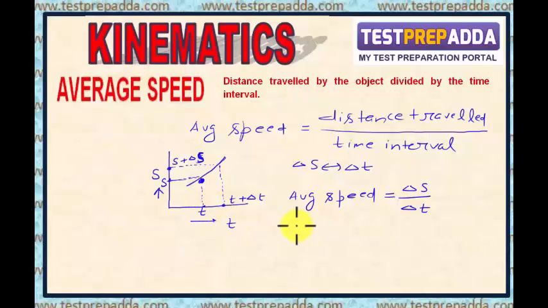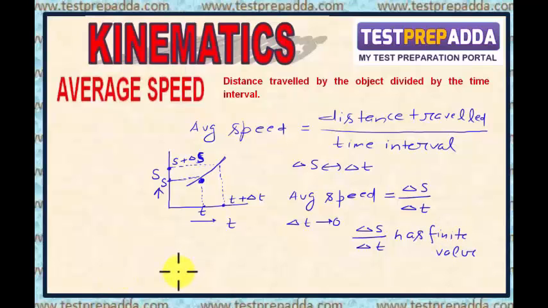Although as delta t approaches 0, delta S also approaches 0. Delta S will become very small, but the delta S upon delta t has finite value.